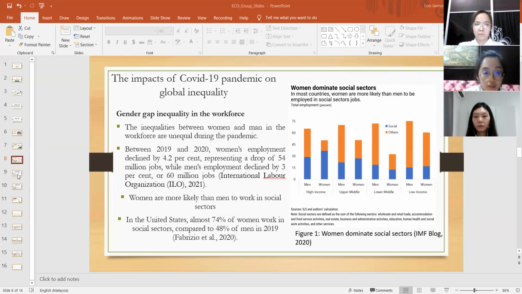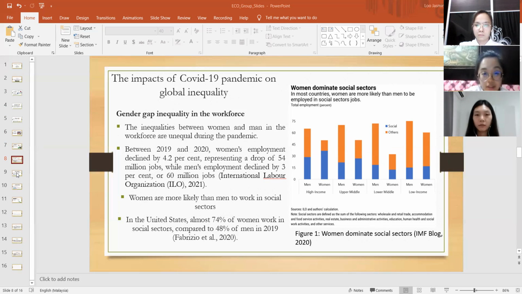According to Fabrizio et al. 2020, women are more likely than men to work in social sectors such as service industry, hospitality, retail, restaurants, and tourism that require face-to-face interactions. For example, in the United States, almost 74% of women work in the social sector compared to 48% of men in 2019.